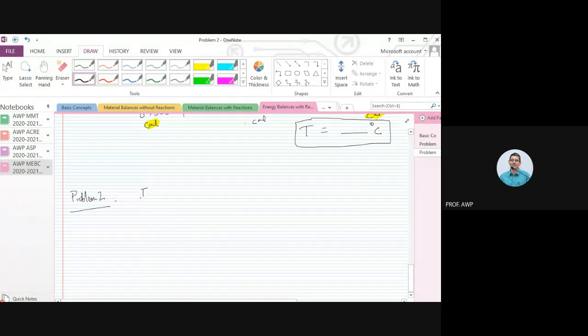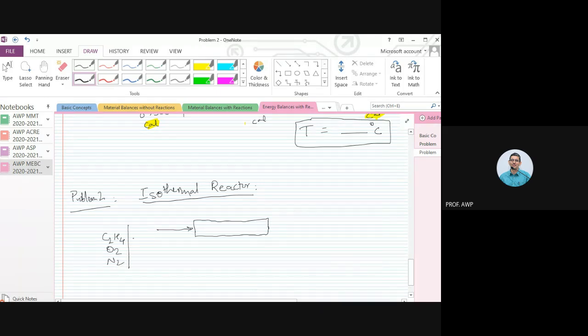Now it's an isothermal reactor. Right, material balance remains the same. Still have 10% conversion. We still have 85% selectivity. So C2H4, oxygen, nitrogen, 25, 8, 67.